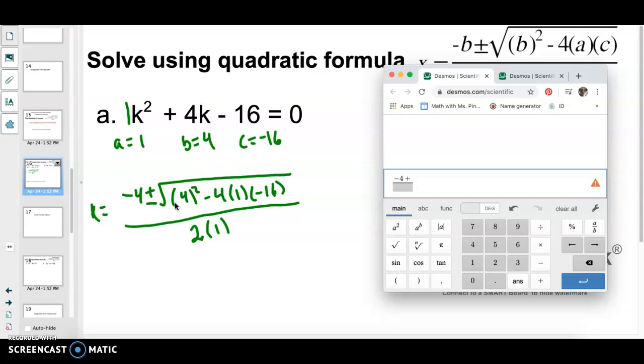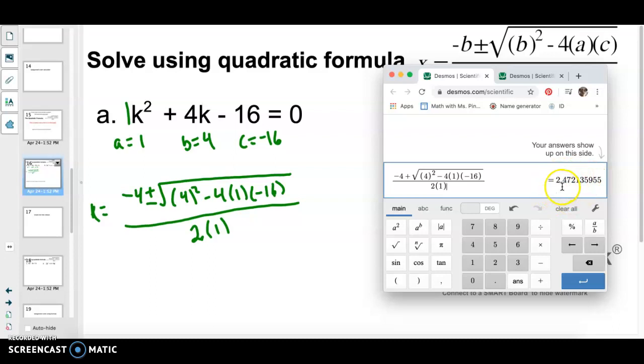First do plus the square root of 4 squared minus 4 times a, which is 1, times c, which is negative 16. Make sure you use those parentheses. And then on the denominator, we have 2 times 1. Right away, it tells you what one of our solutions is.